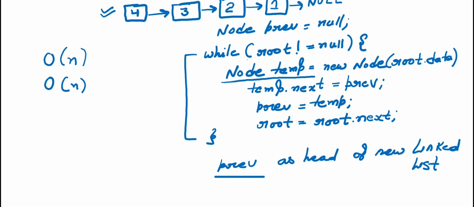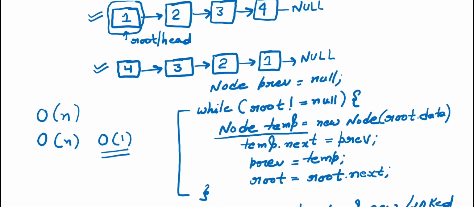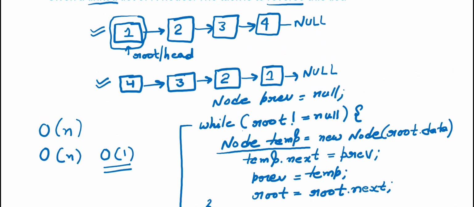We will try to reverse the linked list in constant space, and we will reverse the linked list in place. What does that mean? Instead of creating this new linked list, we will try to reverse the pointers of the actual linked list, and we will destroy these pointers and create new pointers.